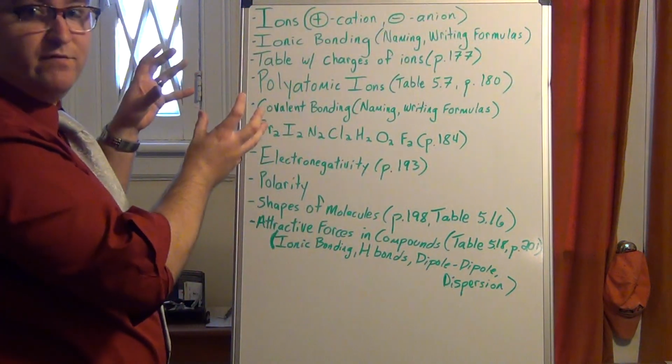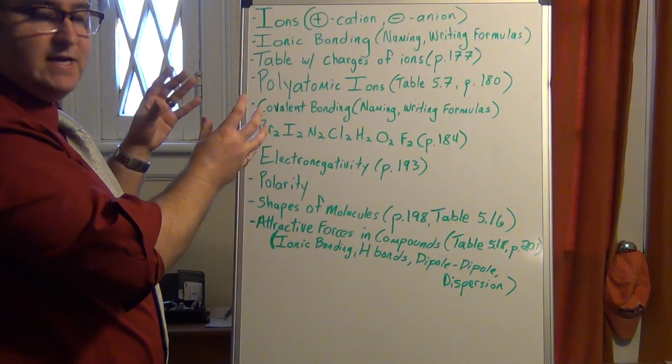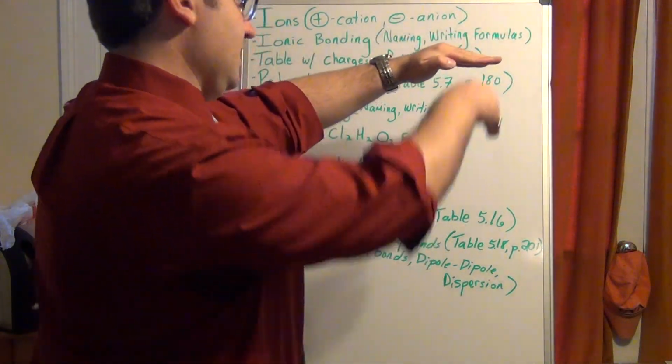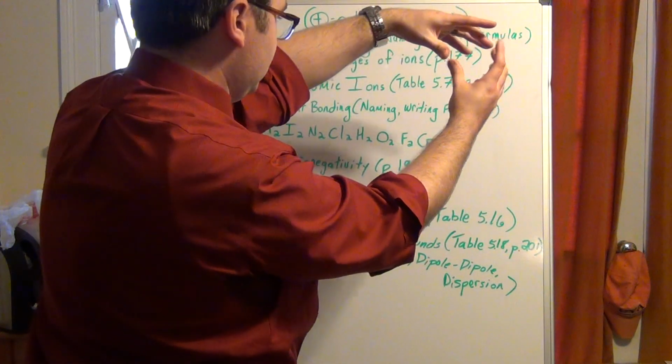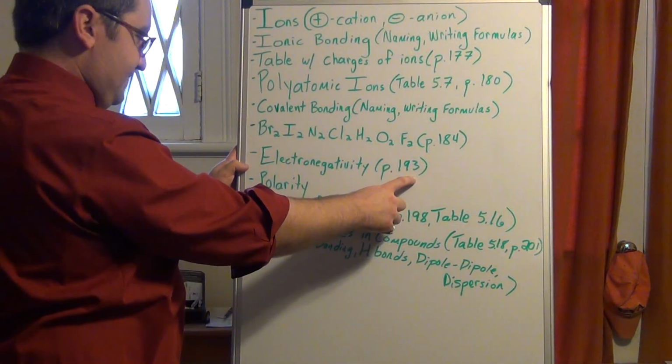As you get further away from fluorine, there is a decrease in that electronegativity. Electronegativity will increase as you go across your period and will decrease as you go down each one of your groups in relationship to that fluorine. Again, those values are listed on page 193.